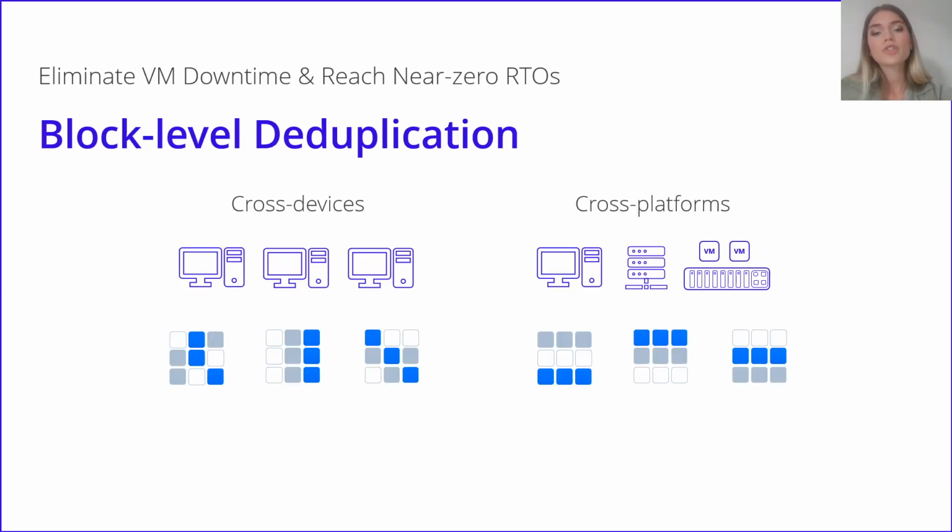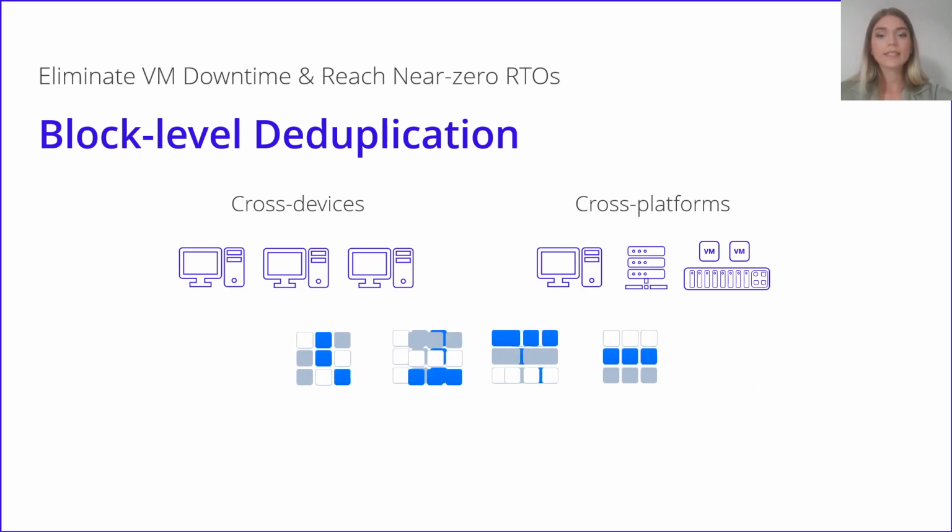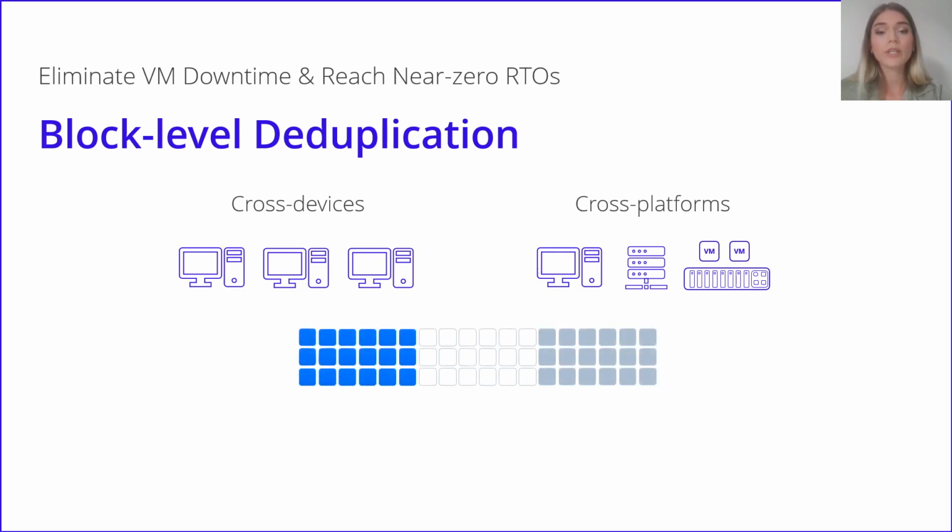Suppose in your infrastructure you have multiple PCs running the same OS, or even cross-platform devices, for example, a Windows virtual machine and a Windows PC. The data is divided into blocks, and we are able to identify each block of data across different devices and also across different platforms, both physical and virtual, unlike some other backup software that separates them.